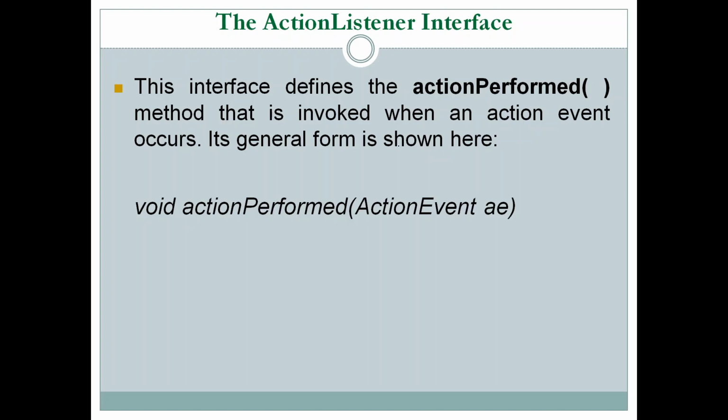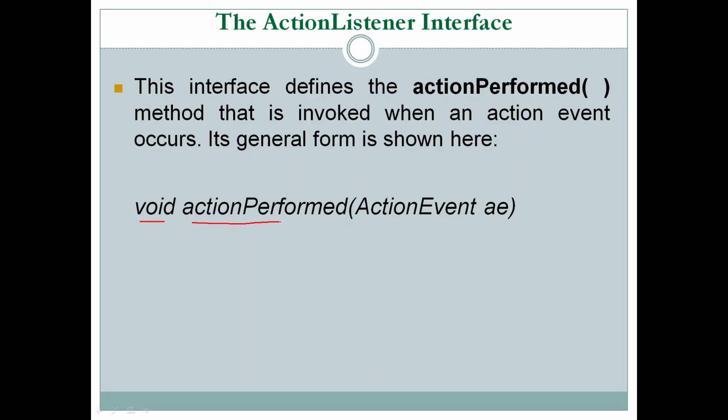So let's go through some of the listener interfaces. We will go through the ActionListener interface, which we have already studied. This interface defines the actionPerformed method that is invoked when an action event occurs. Its general form is shown here. Many students make mistakes while declaring this method. The return type is void.